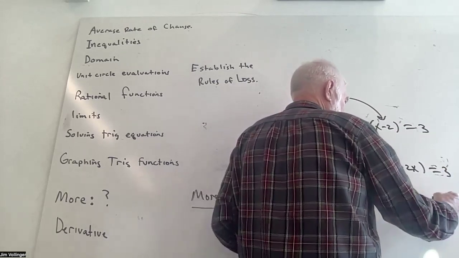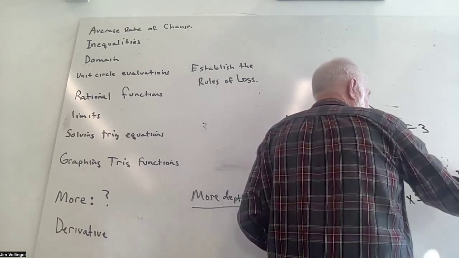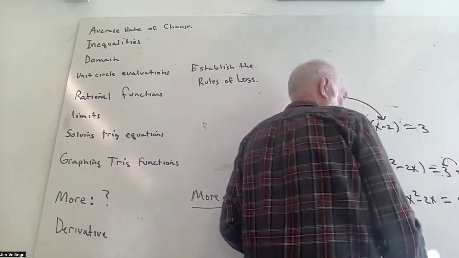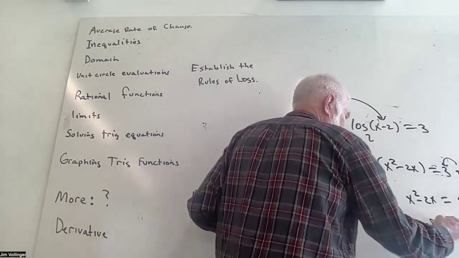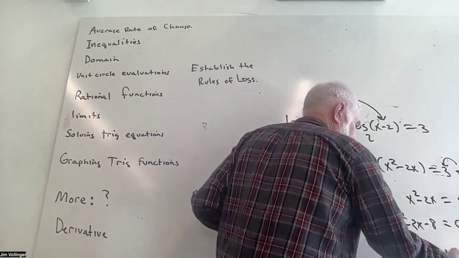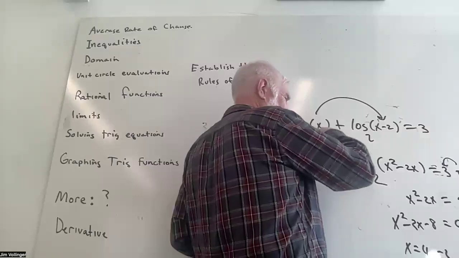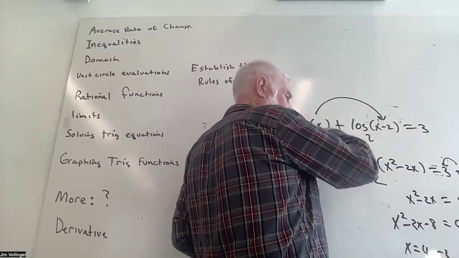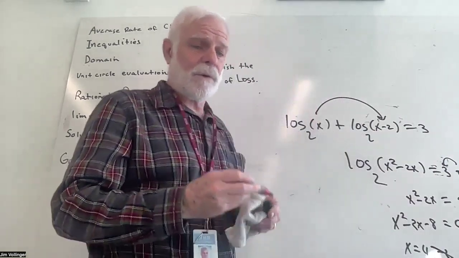The inverse of log base 2 is 2 to the. All right. And now I have x squared minus 2x minus 8 equals 0. Factor it, you'll get x equals 4 and negative 2. And we can't have negative quantities in exponential growth and decay. So we cancel that. And we got x equals 4.